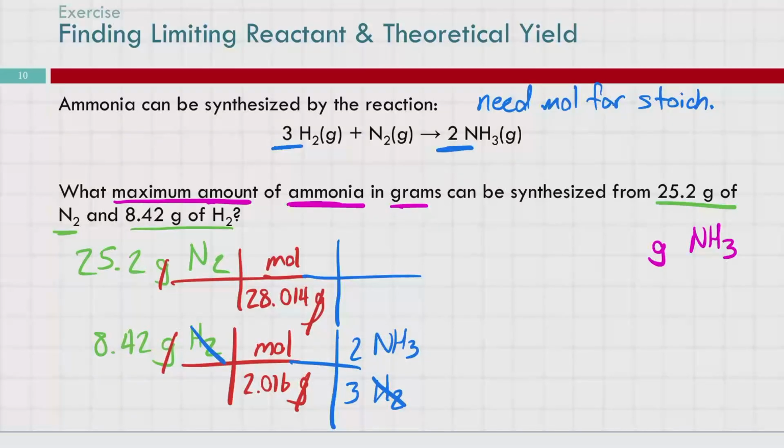We are also doing N2 to NH3. 1 N2 in equals 2 NH3 out. 2 NH3 on the top, 1 N2 on the bottom, so the units cancel.